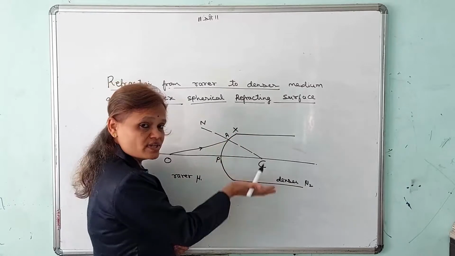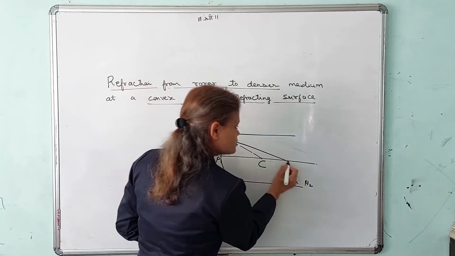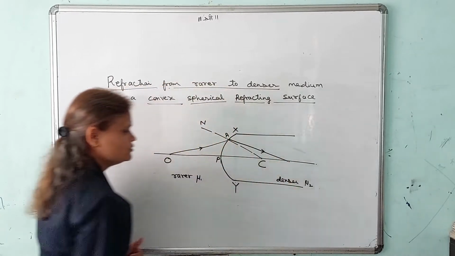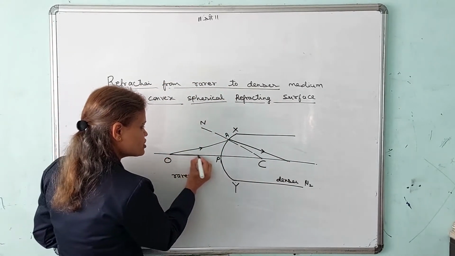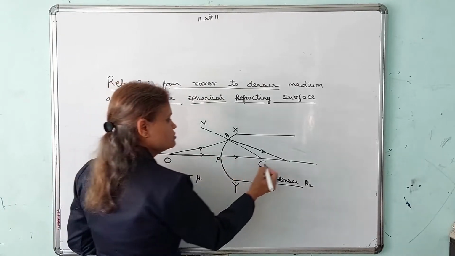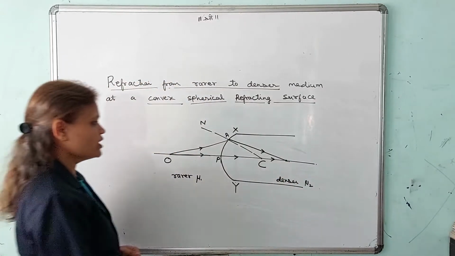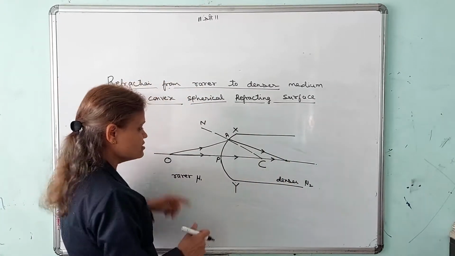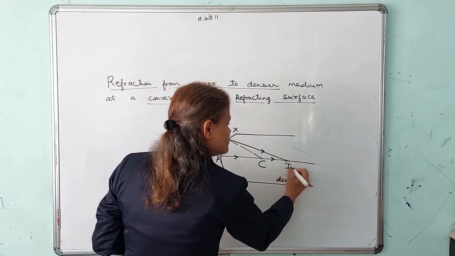So it will bend towards the normal as it is rarer to denser. One more ray we are going to consider, which is going to travel along OP, which is going to go straight. The intersection of these two rays will give us the image I.